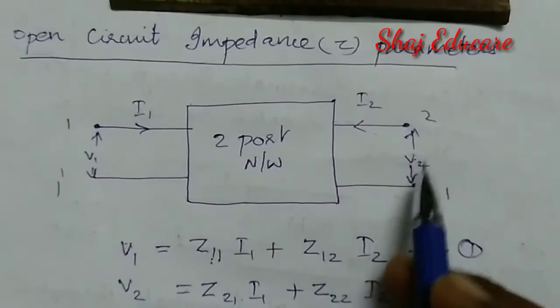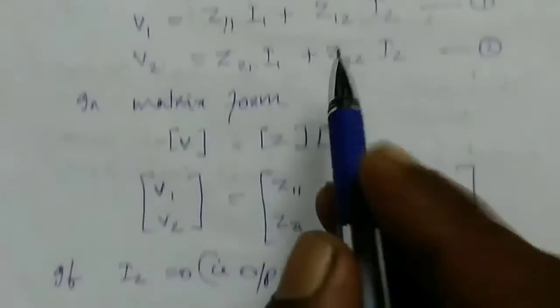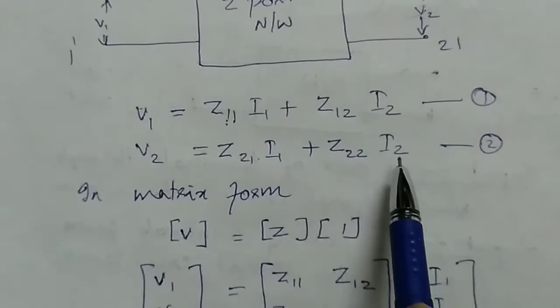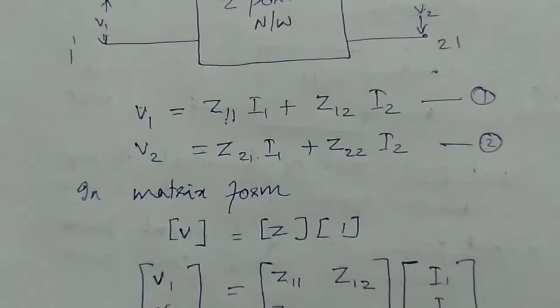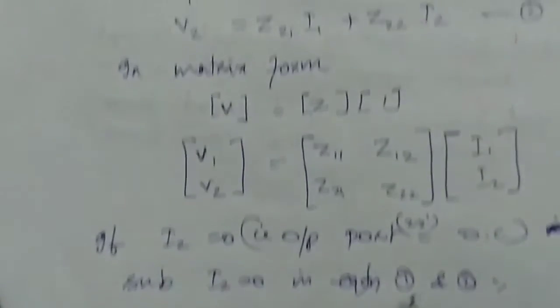Here it is left open. Now I2 will be 0. So in equations 1 and 2, let us substitute I2 equal to 0.